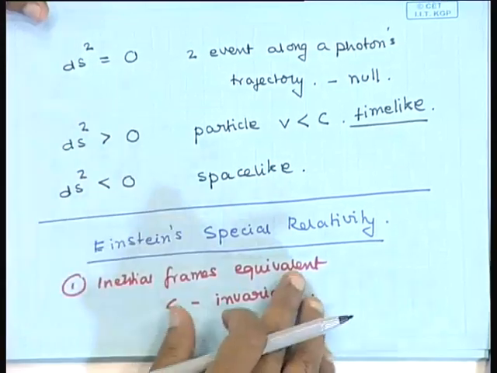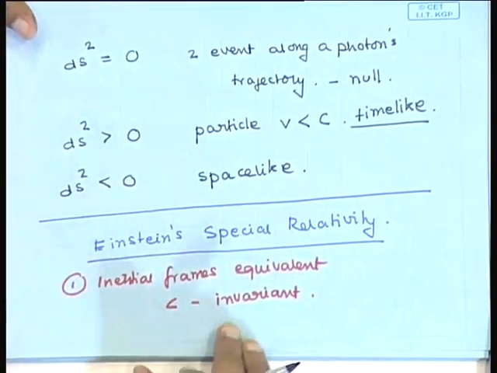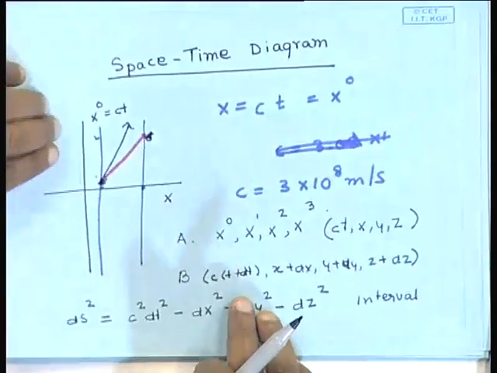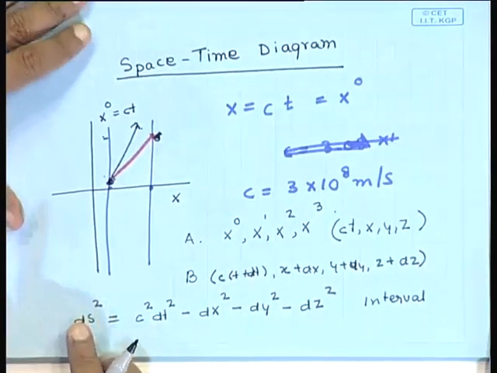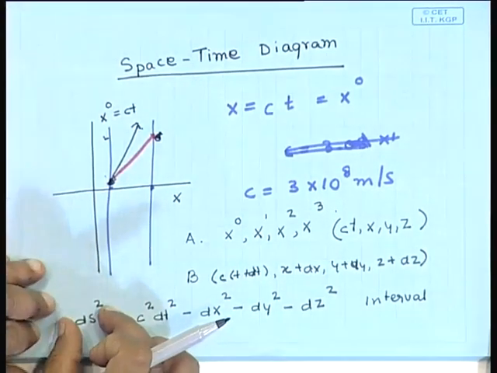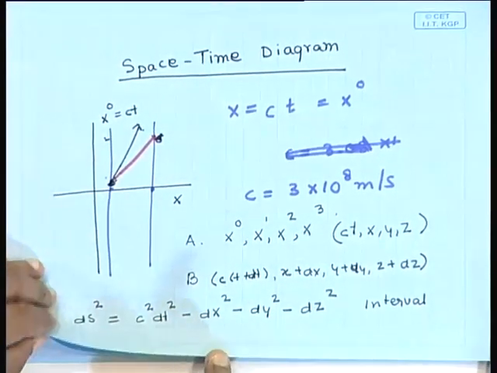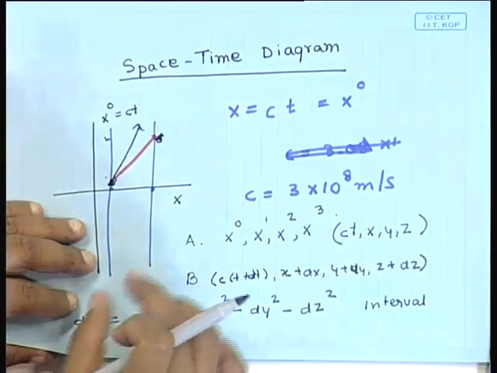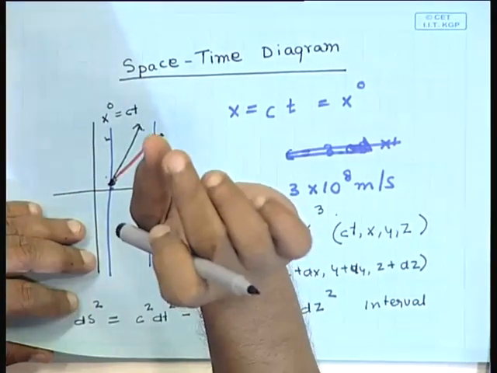Now you can show, I am not going to give you the proof, but you can show that not only is this true for null intervals, it is true in general. So the interval is invariant. It has the same value for two events.